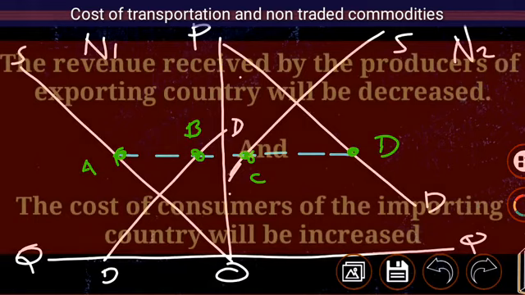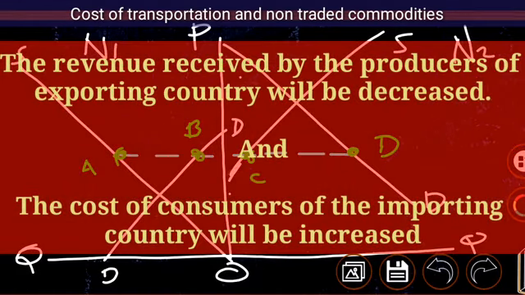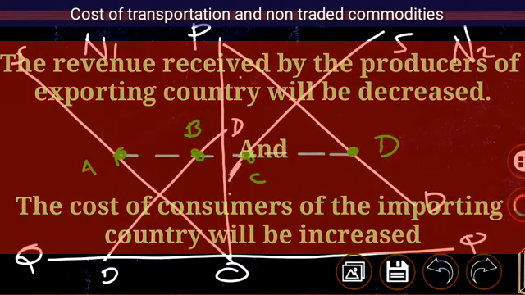Therefore, the revenue received by the exporting country's producers will be decreased, and the cost that is to be paid by the importing country will be increased. Once again, the revenue received by the exporting country's producers will be decreased, and the cost that is to be paid by the consumers of the importing country will be increased.